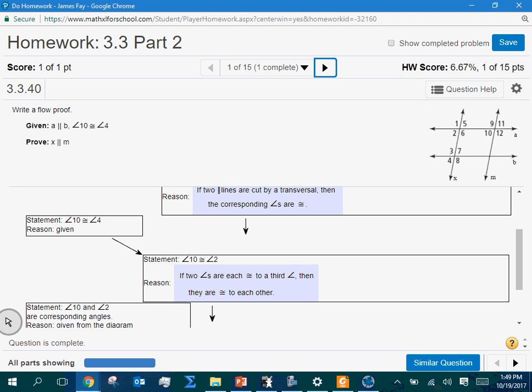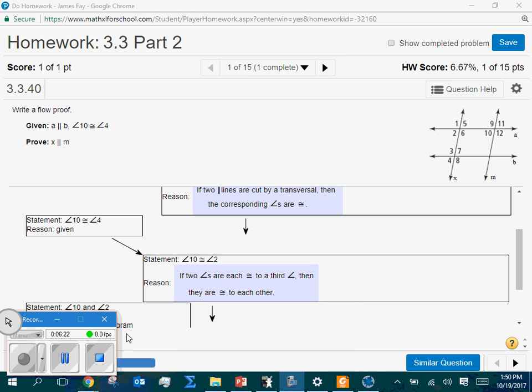It models this idea over here, and hopefully it'd be a little bit easier to see when I read this a second time what components were working together to create a new statement. We're going to do flow charts or flow proofs periodically throughout the year. So there will be things that we develop a pretty good understanding of.